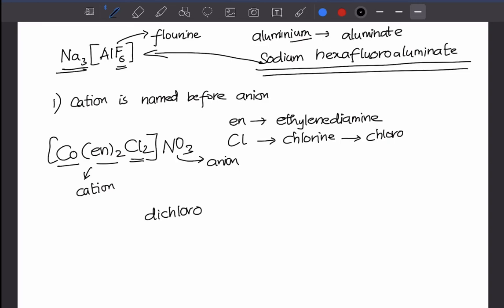And there are 2 ethylene diamines, so we cannot write "di" since it's already in the name, so we write bis, and in brackets write ethylene diamine.